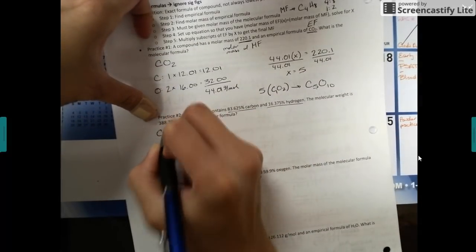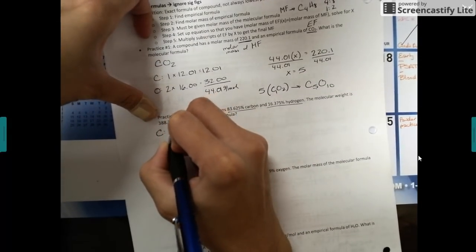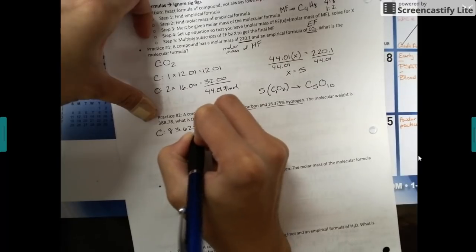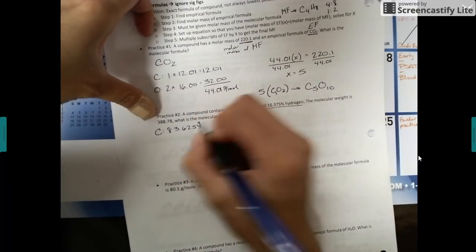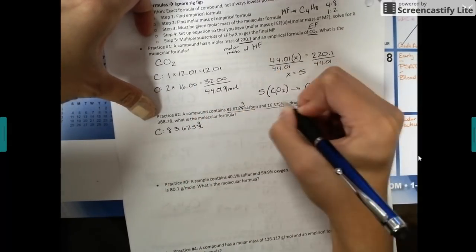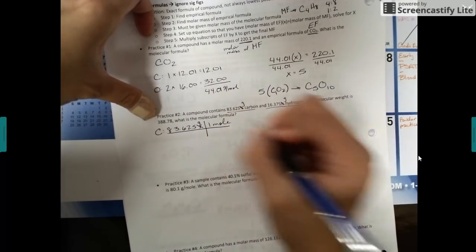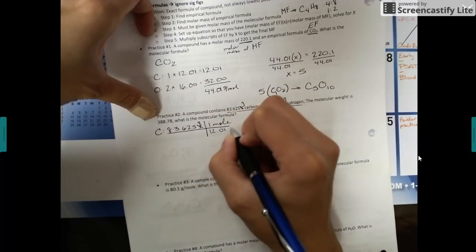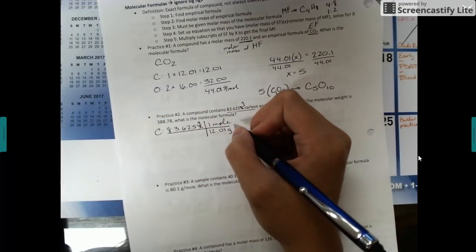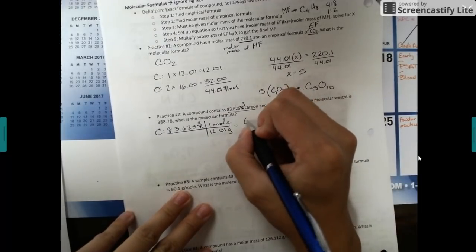All right, so carbon, 83.625. Sorry, that should be grams because you change your percentages to grams. 1 mole divided by 12.01 grams. My answer here is 6.96.